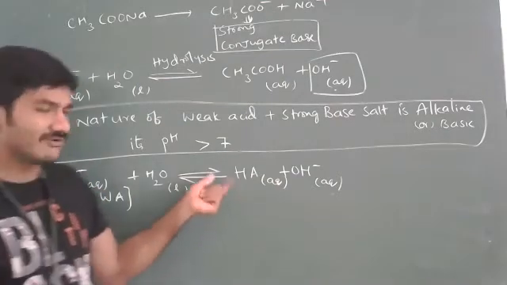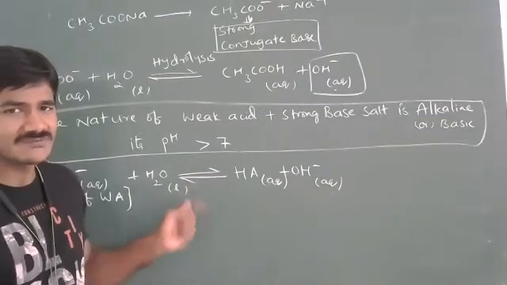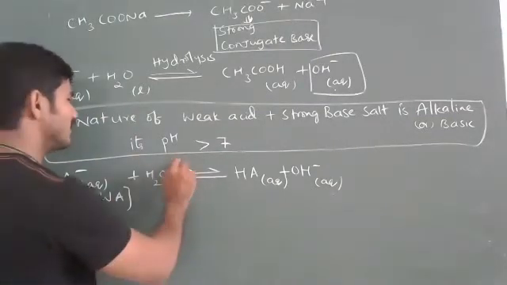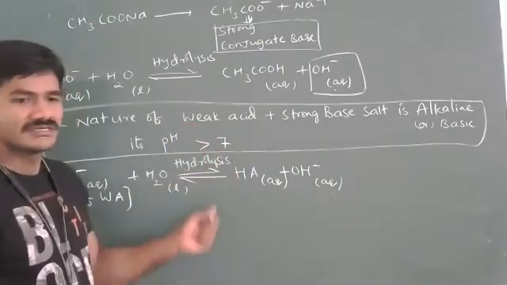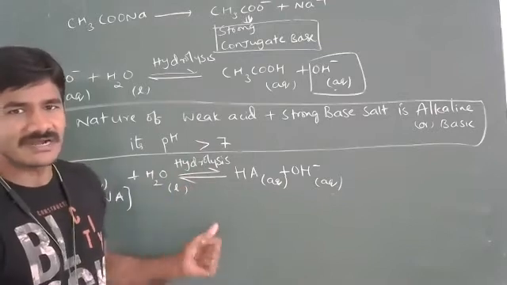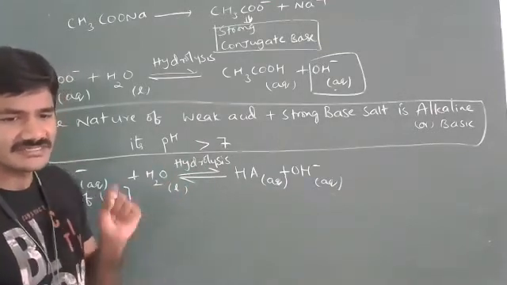Whenever they develop an equilibrium, I write it with an equilibrium constant. This is hydrolysis. So what is the equilibrium constant in salt hydrolysis? Yesterday I told you, KH. KH is the hydrolysis constant.